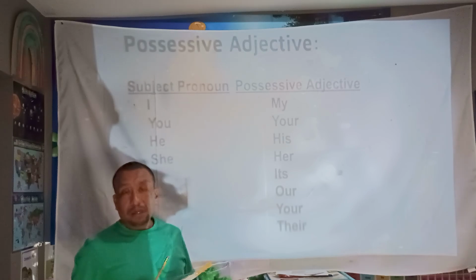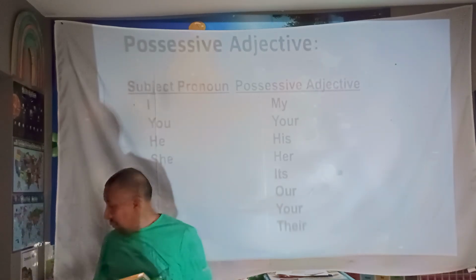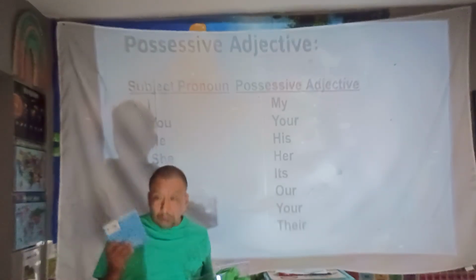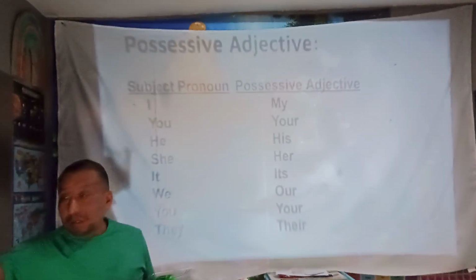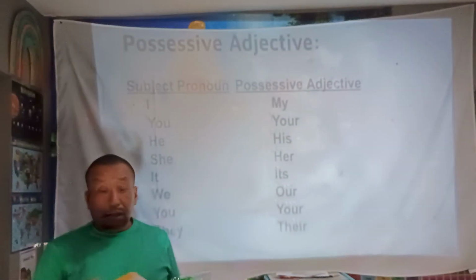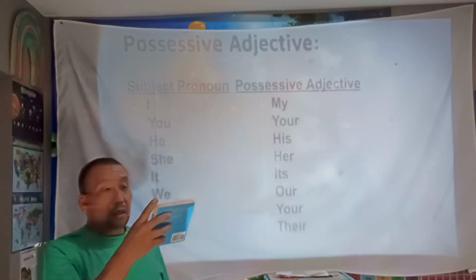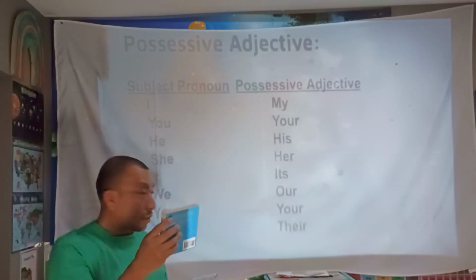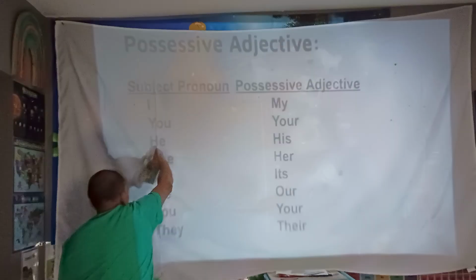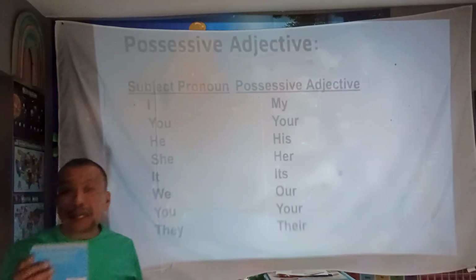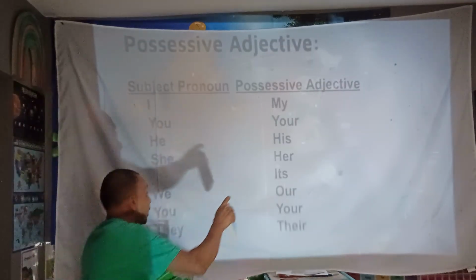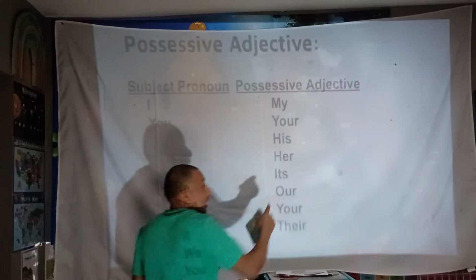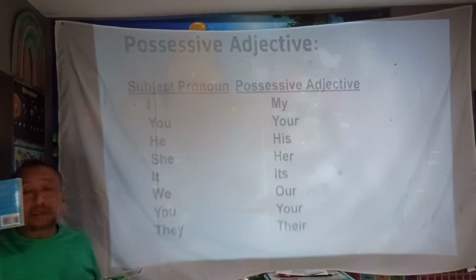Yeah. So then we have here a notebook, a book, and we have here Robert. This is Robert's book. So for Robert, because the pronoun is he, we're gonna say this is his book.